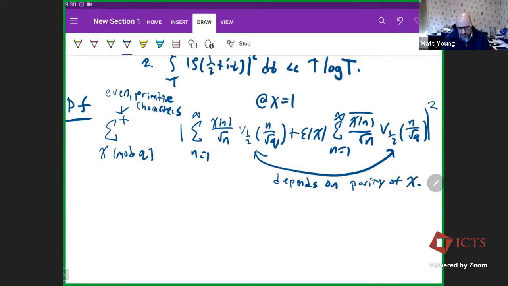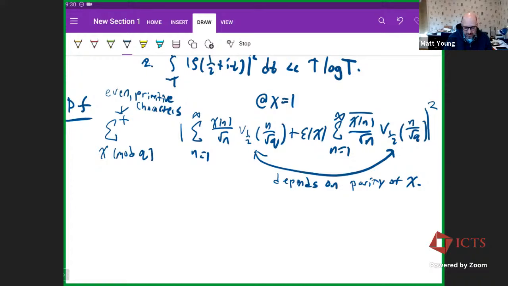Now it's not a big deal, but if you want your V to not depend on chi, then as long as I restrict first to even characters or to odd characters, that will be ensured.